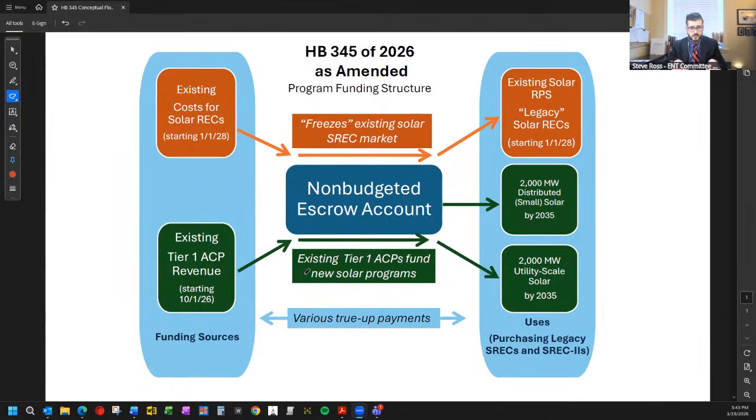They are separate, like separate programs. They have separate things they're trying to meet. So I don't think it's split 50-50. But the ACP can only be used to fund new stuff. It can't be used to fund what is called legacy systems. That's not what happens. It's only the new stuff.